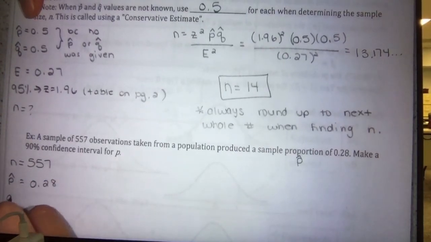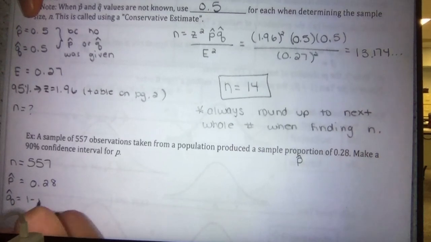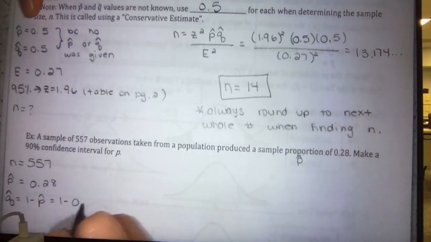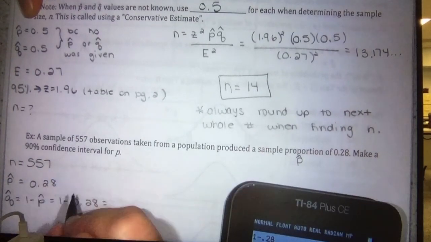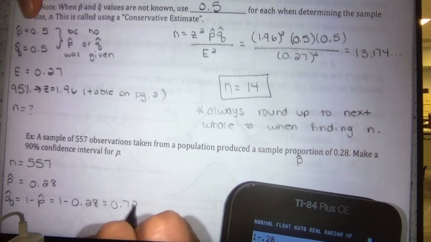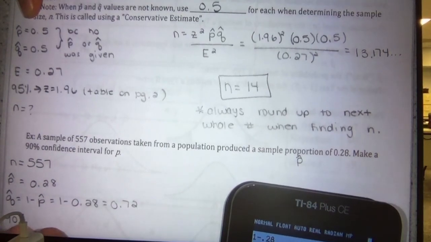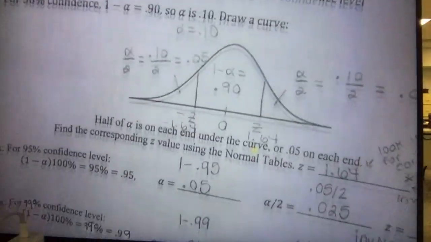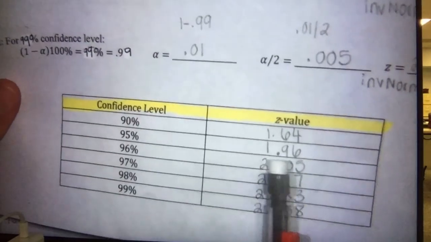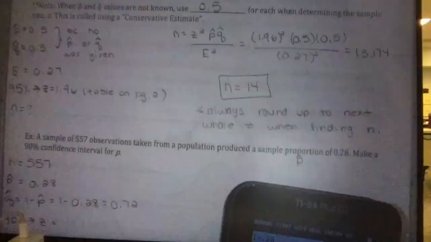That means we can find our Q hat, which is 1 minus P hat, which is 1 minus 0.28, which is 0.72. We know we are 90% confident, so using 90% on our table from page 2, we get 1.64 for our z value.